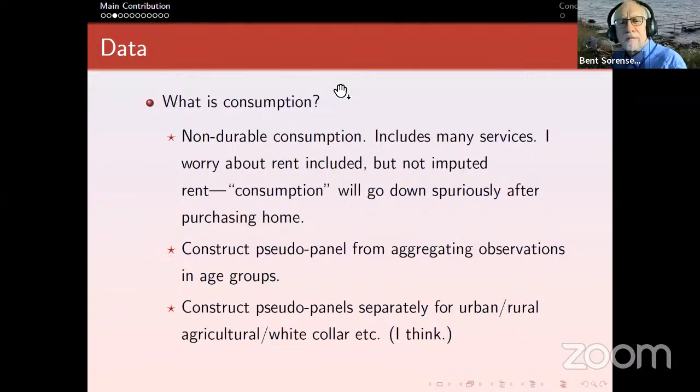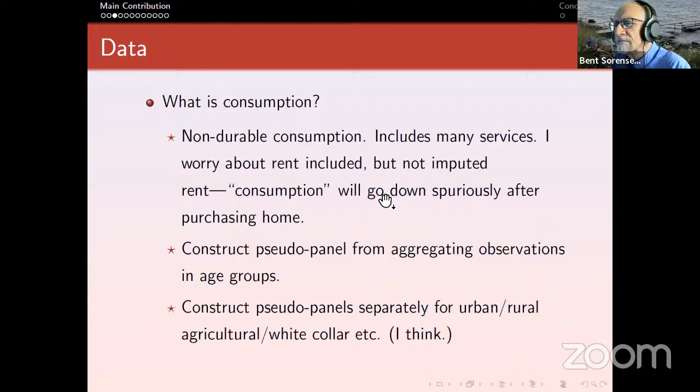On the data, I'm a little bit worried about what's consumption. Maybe it's exactly the same in the PSID, but it's non-durable consumption, that's what we call it, but it does include a lot of services. The thing that made me stop and think is I worry about rent, but not imputed rent. If I pay rent and then I buy a house, does my consumption go down a lot?